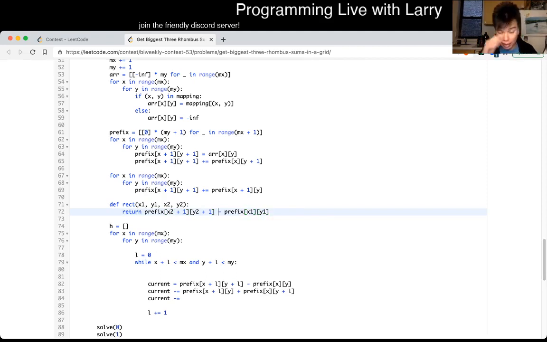So I see that I'm supposed to add this. Okay. Something like that.